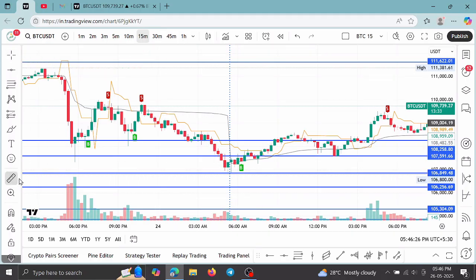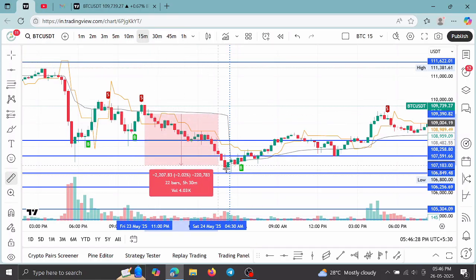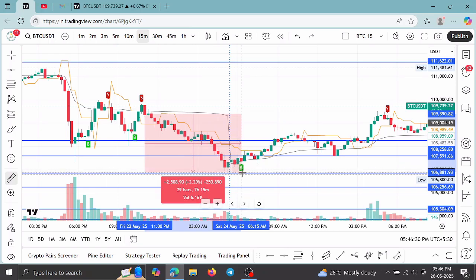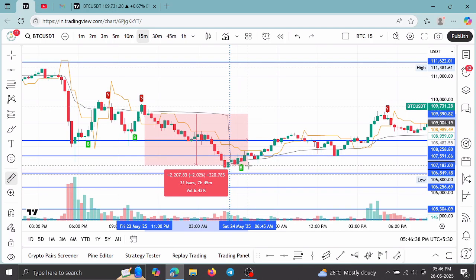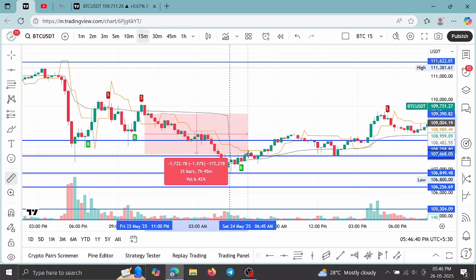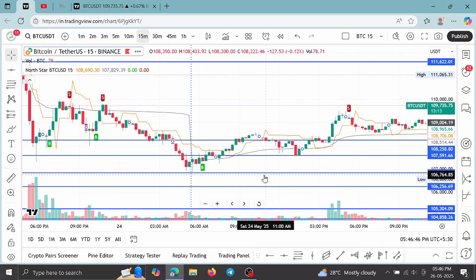Now you can book profit somewhere here, or if you don't know about these lines, just wait for the signal. Once you got the signal here, you took around 1.64%, right? Isn't it very beautiful? Absolutely, you can make a lot of money.